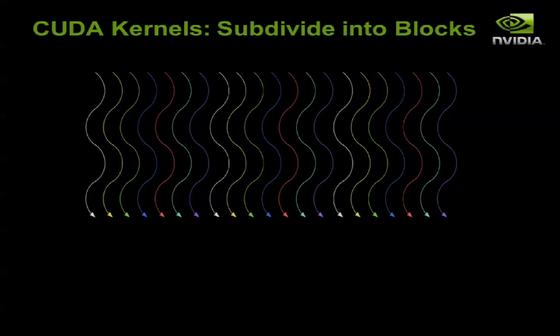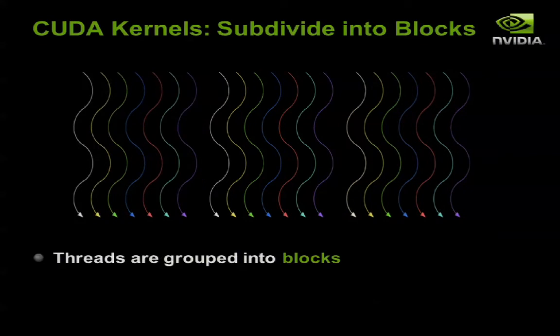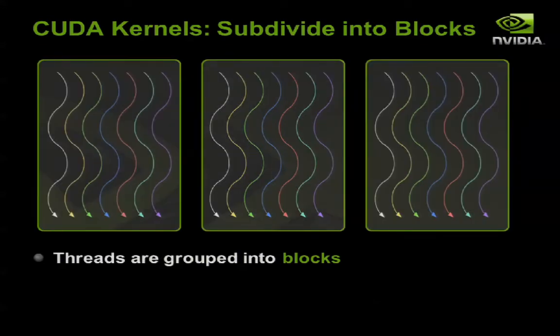Okay, a little bit of visuals. Here we have a bunch of these individual threads that are executed on the device. There's a hierarchy of these threads on the GPU. We have this number of individual threads. They're actually grouped into so-called thread blocks.